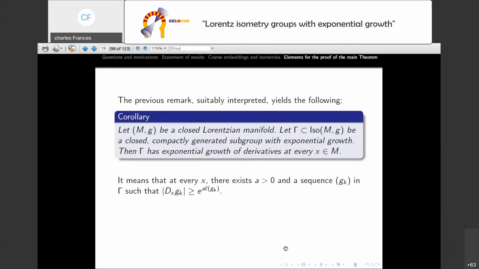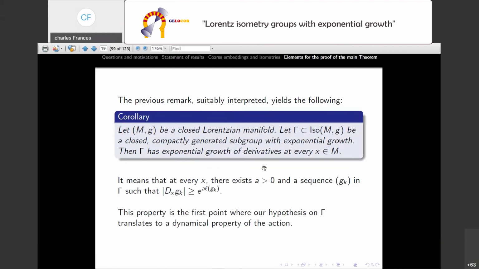It means that at each point you have a positive constant a, and there exists a sequence in your group such that the derivatives grow exponentially with respect to the length of elements of the sequence. Okay? So why is it interesting? Because that's the first time you translate the intrinsic property of gamma, which is its exponential growth, into a property of the action of gamma on M. And that's, of course, interesting.